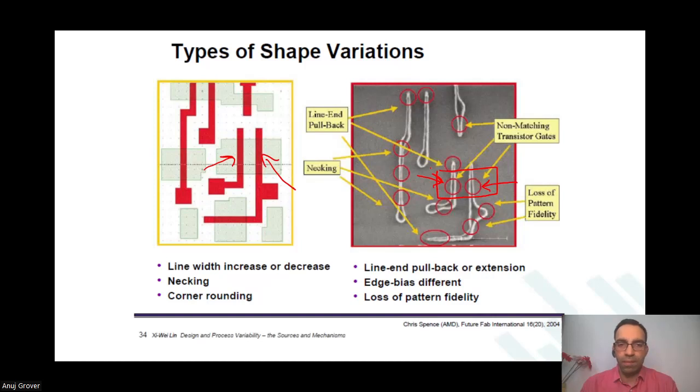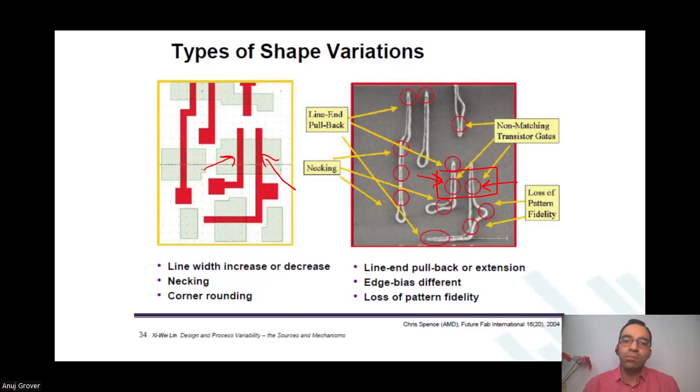So these two devices that are marked with an arrow on the left side have the same width and same length. Now look at the right side.